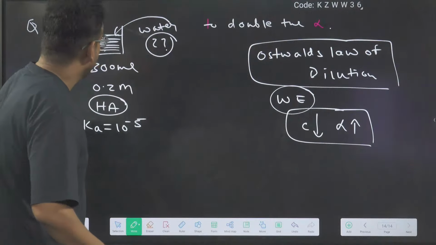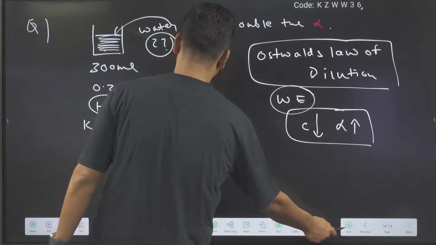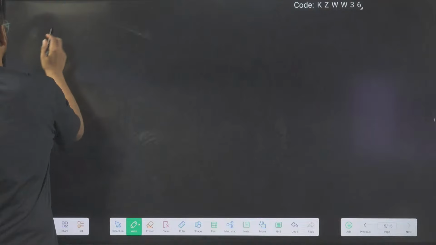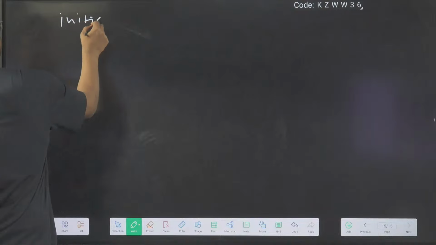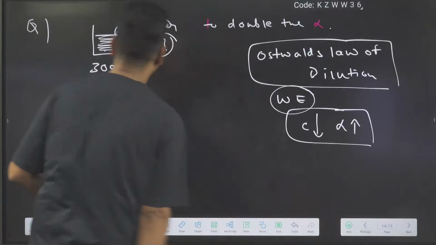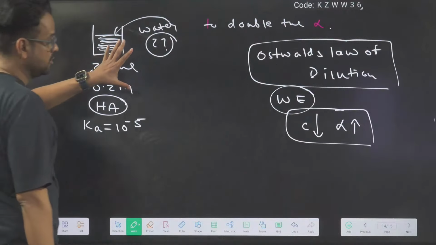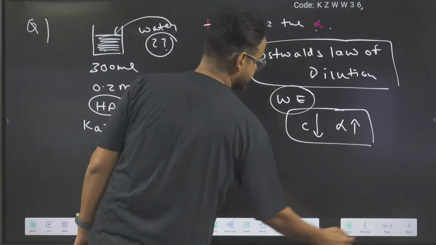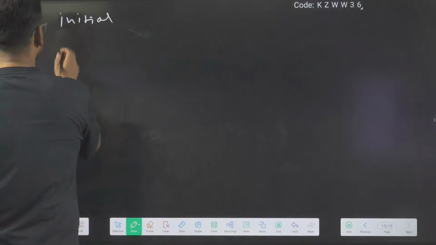See, what we'll do over here is that I am diluting the solution, so alpha is increasing. How much water should I add so that alpha gets doubled? So I calculate the initial alpha.